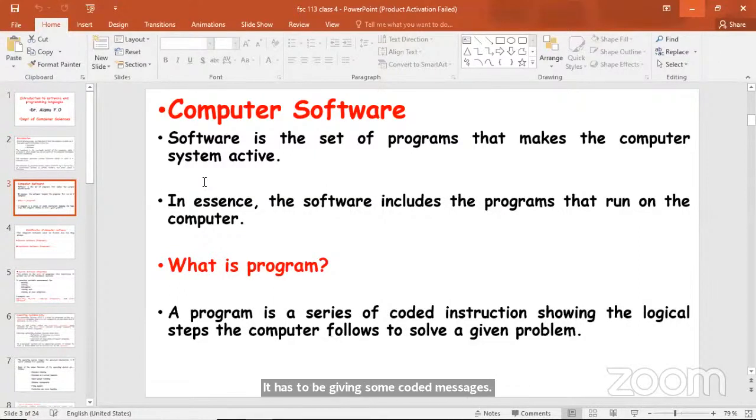These coded messages are what is called a program, and they are step by step and logical. So a computer software is a program. Invariably, we can say that a computer software is a series of coded instructions showing the logical steps the computer follows to solve a given problem. I hope you are still following.